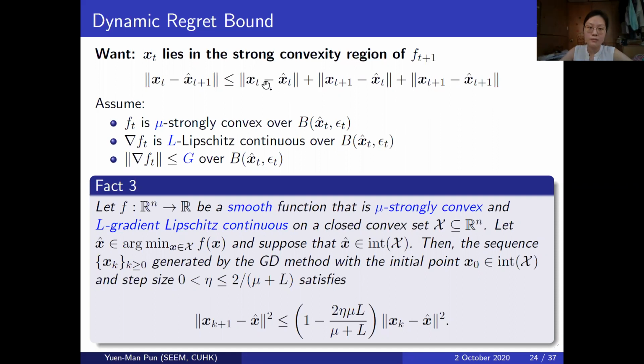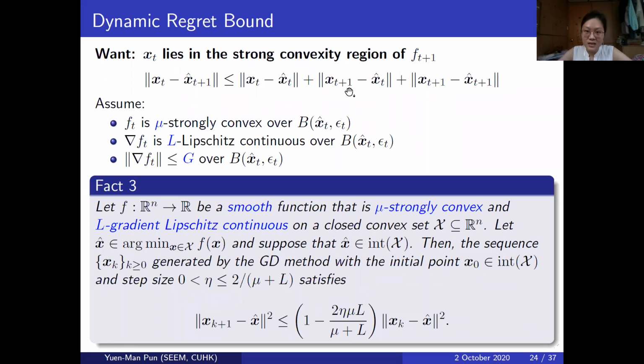So we simply have xt minus xt hat, and then xt hat minus xt plus 1, and then xt plus 1 minus xt plus 1 hat. Okay. So as you can see, this term and this term look really similar to each other. So as long as we can prove that xt is always close to the minimizer xt hat, then this can be done.